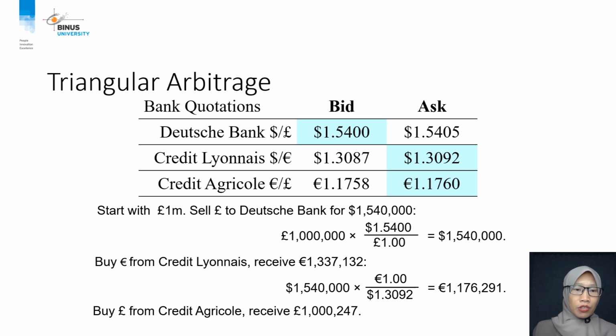So you can start with 1 million pounds by selling pounds to Deutsche Bank for $1.540000, and then you buy euros from Credit Lyonnais and you receive 1.337132, and in the end you buy pounds from Credit Agricole and you receive 1.000247. So did you gain any profit? Yes, you gain 247 pounds as a profit.